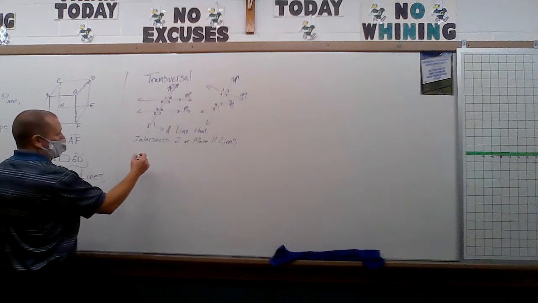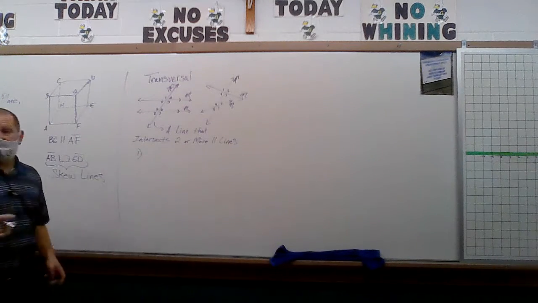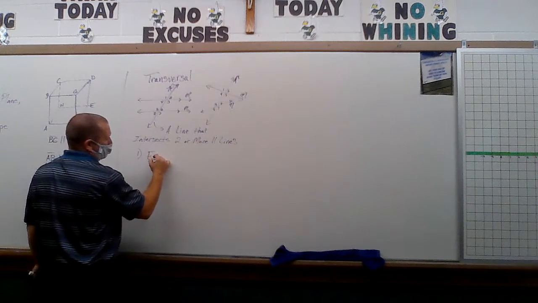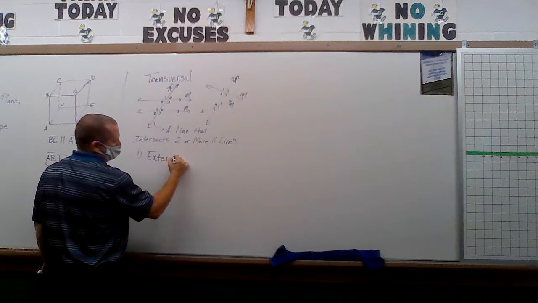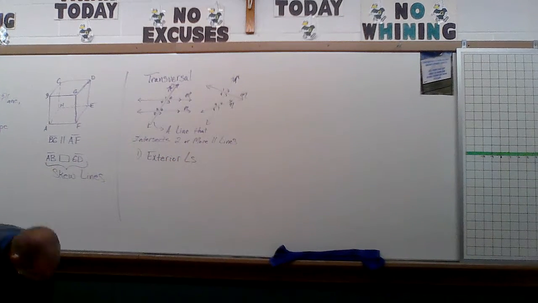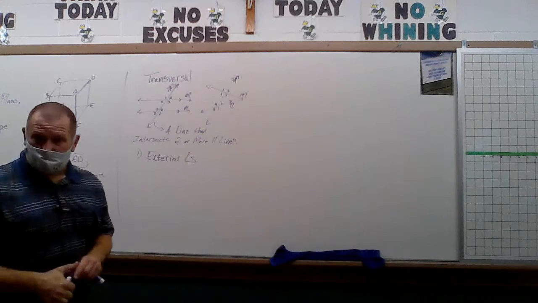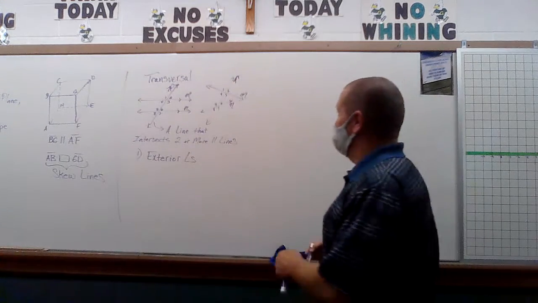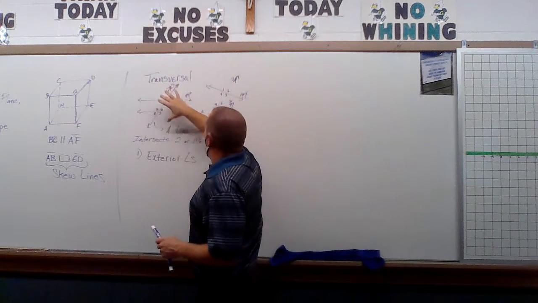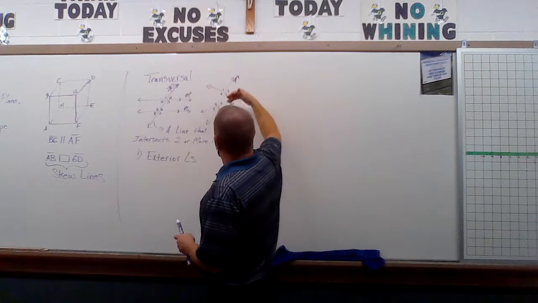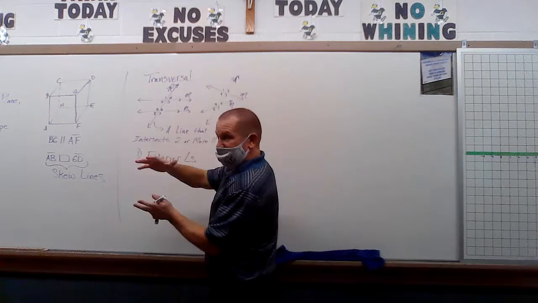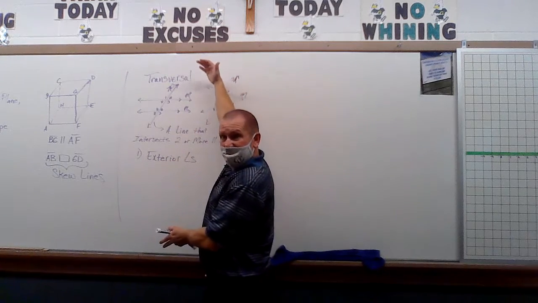Okay, so we are going to first talk about real general groups, and the first general group are called exterior angles. When I talk about exterior angles and transversals, do you see where the parallel lines, or just your regular lines, would have angles that are inside or in between the lines and then angles that are outside the lines?